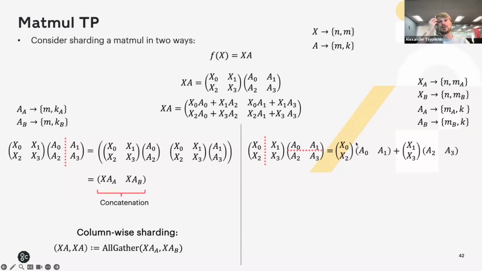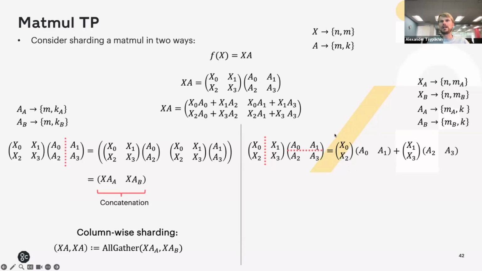And the result will be as shown here, with one component being only a partial result of the full size of the N by K in this case. And in order to produce the final output, we'll need to add the two matrices, potentially residing on different devices.